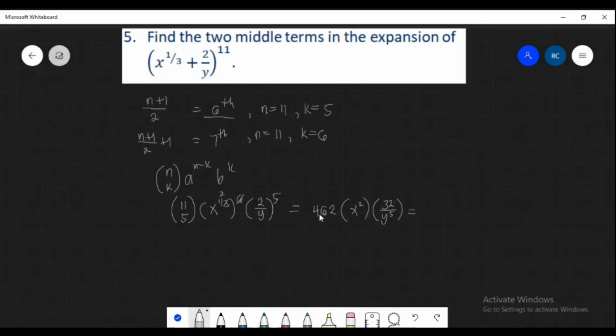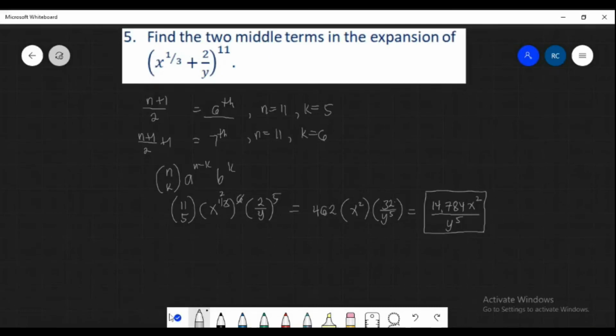Then simplify. 462 times 32. Ilan po? 14,784. Okay, very good. X squared all over y raised to 5. Ito na po ang sagot dun sa 6th term.